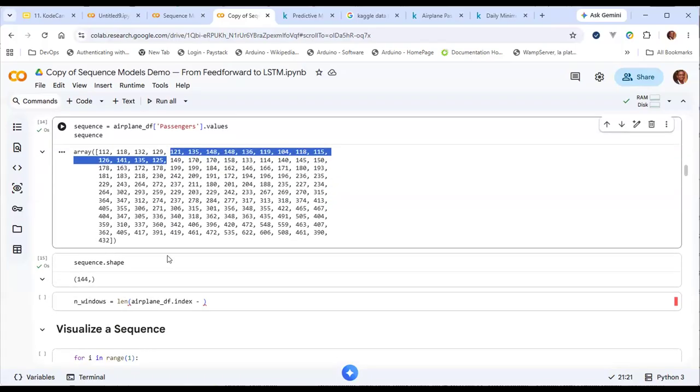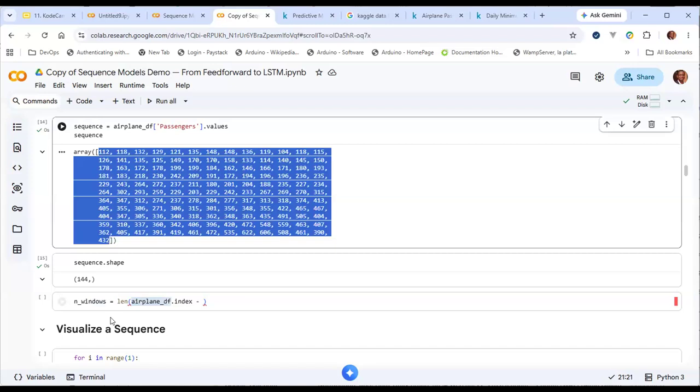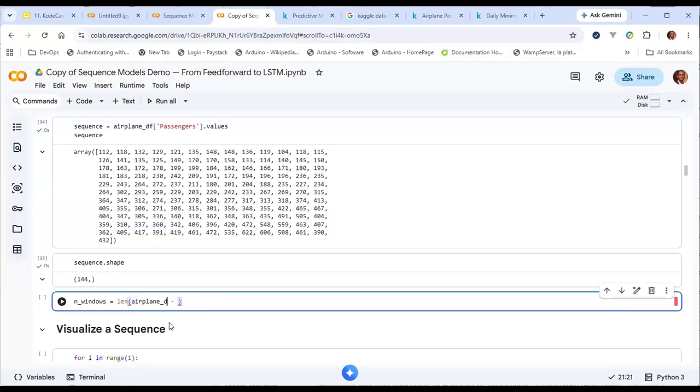So we'll just do the same thing here. For us to do that, we need to know how many windows we want to slide our starting point and start from. That's the formula for the windows. The formula for the windows is the length of the entire thing, which is basically sequence.shape[0].